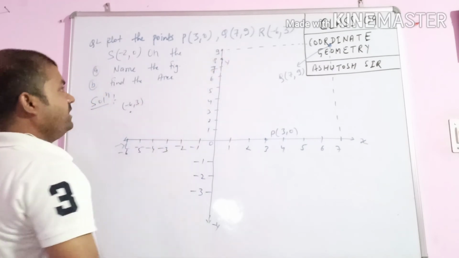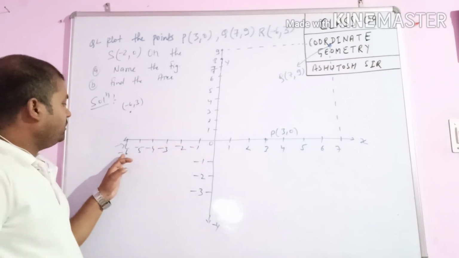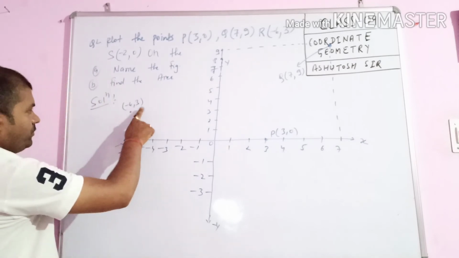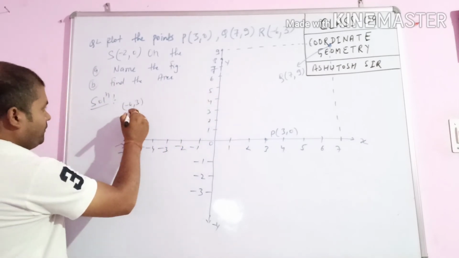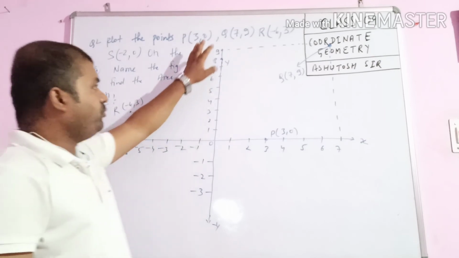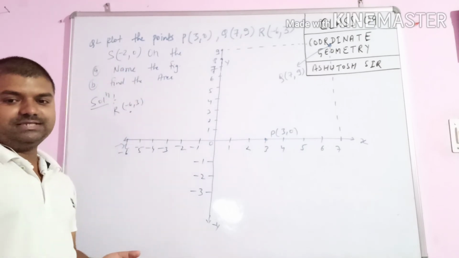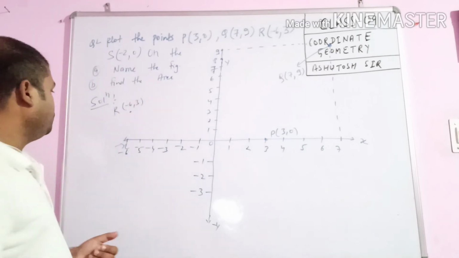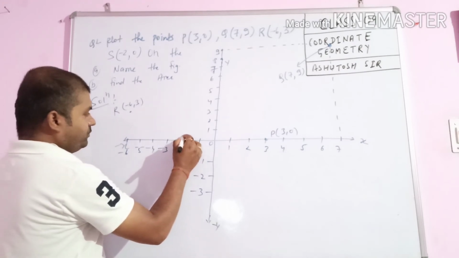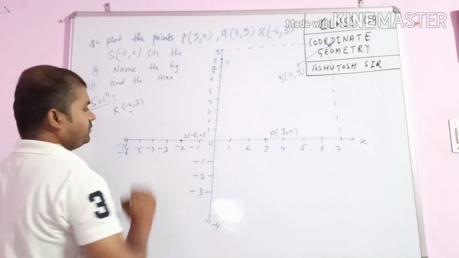We plot the points P, Q and R, and then S. The point S is minus 2, 0. This one is the point S. Okay.